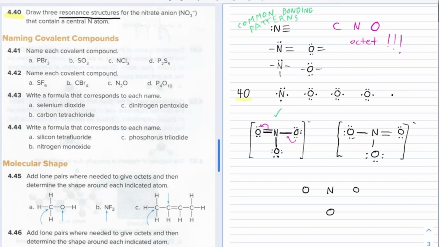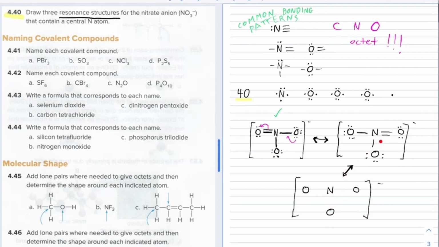It's negatively charged, so we can give it that double arrow formalism. And let's see if we can do the third one. Hopefully you can see what we're going to do to get the third one. And you guessed it, the double bond is going to go to the oxygen at the bottom.